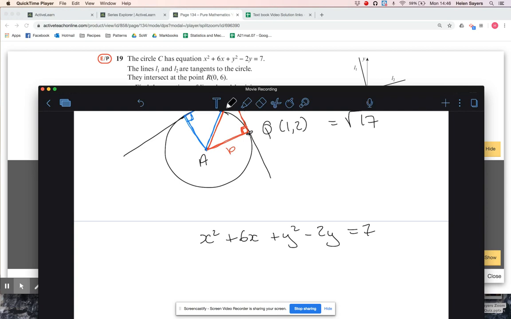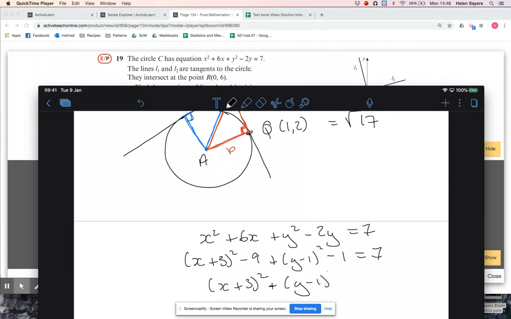So if I complete the square, x plus 3, and then I need to minus 9, y minus 1, and I need to minus 1. I was going to make it a bit long-winded: find the centre and then find the distance from the centre to Q, but actually I've got that.